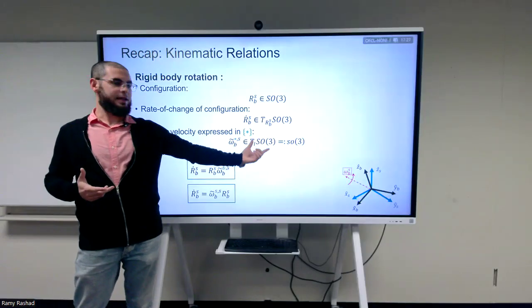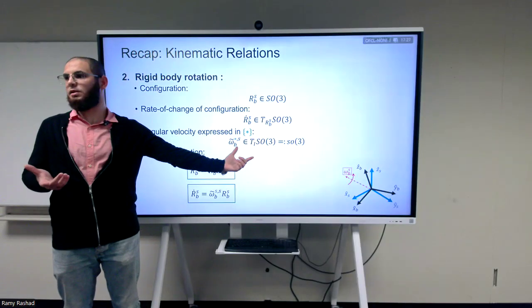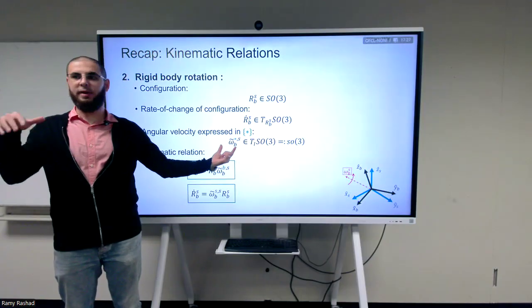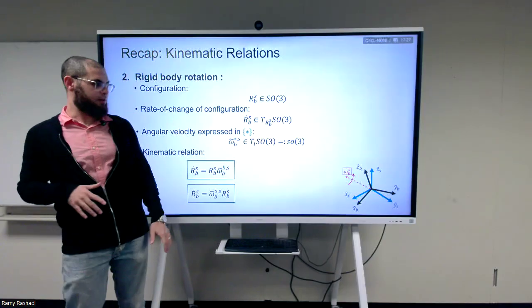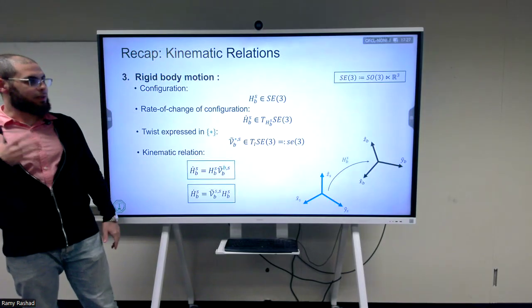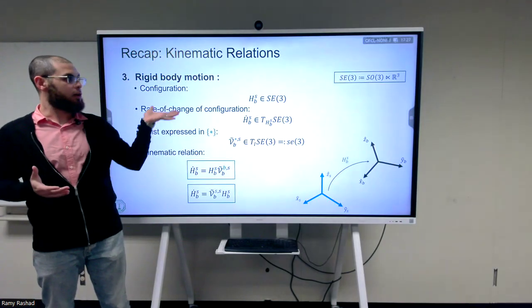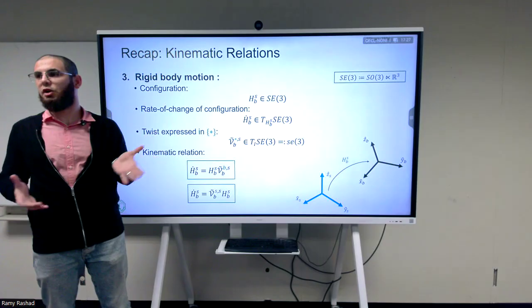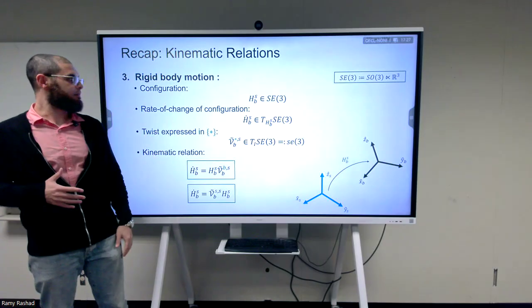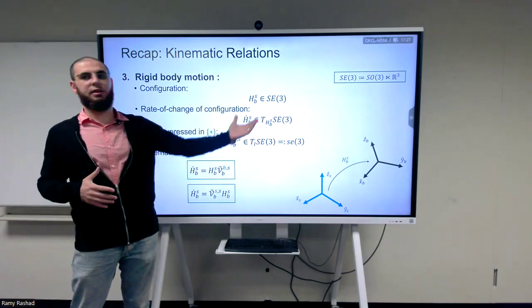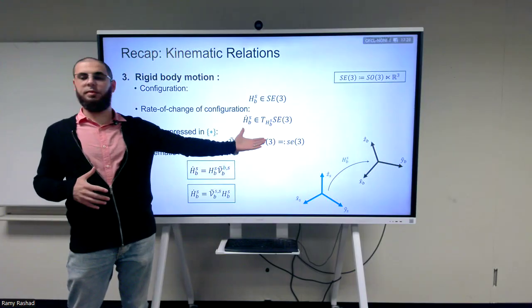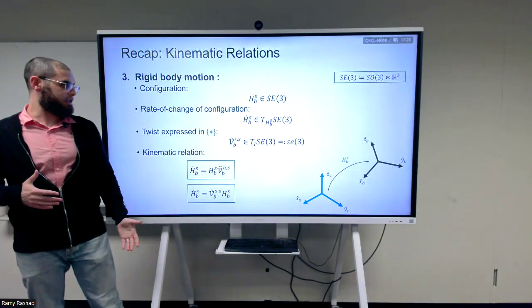Being in so3 is the space of skew-symmetric matrices, so in this tilde form, omega with the tilde is simply a skew-symmetric matrix. And following the same idea, we found that we can do rigid body motions, which are combined rotations and translations, by looking at an element of SE3, and the rate of change will be, again, a vector in the tangent space.